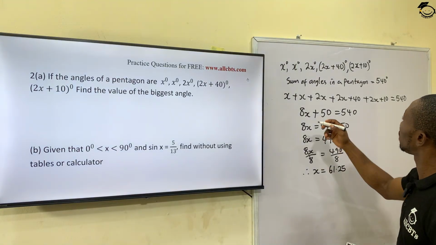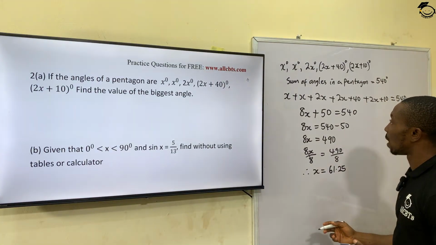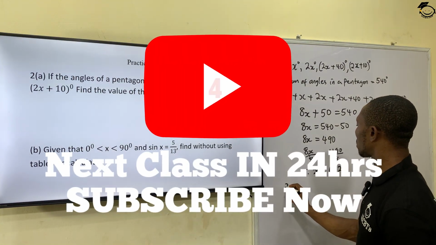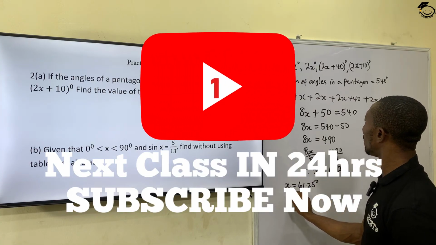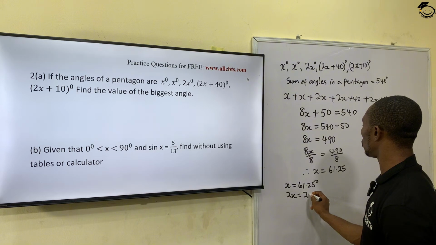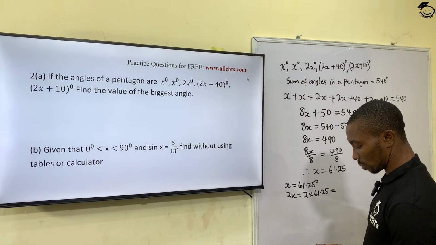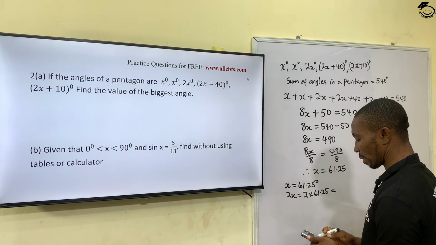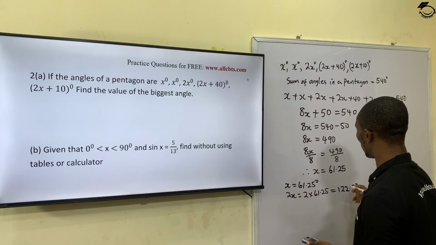So we are asked to find the value of the biggest angle. If we have our x to be 61.25 degrees, that means 2x will be 2 times 61.25, which gives us 122.5 degrees.